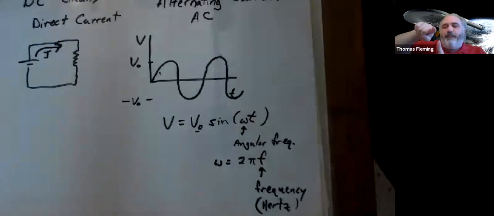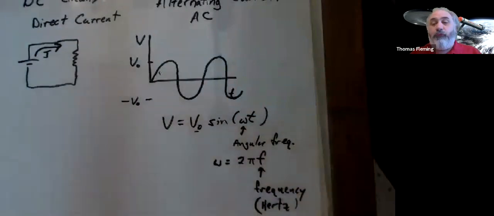They just kind of jiggle forward, backward, forward, backward. But that motion of those electrons is still enough to deliver power to whatever your resistances are. So if you've got a light bulb running on AC power, that light bulb still lights up. It's going to be lit up whether the current's going forward or backward, it doesn't matter. And so a great number of our devices run on AC power.